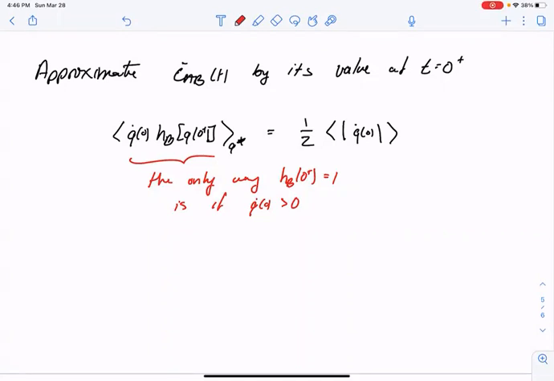And thus I just need to average Q dot given it's going in the positive direction, or 1/2 its absolute value.